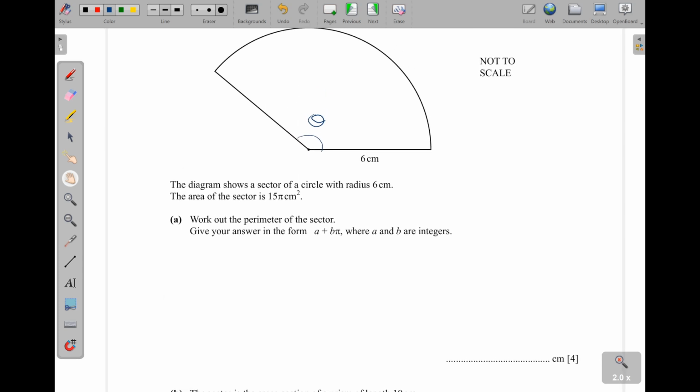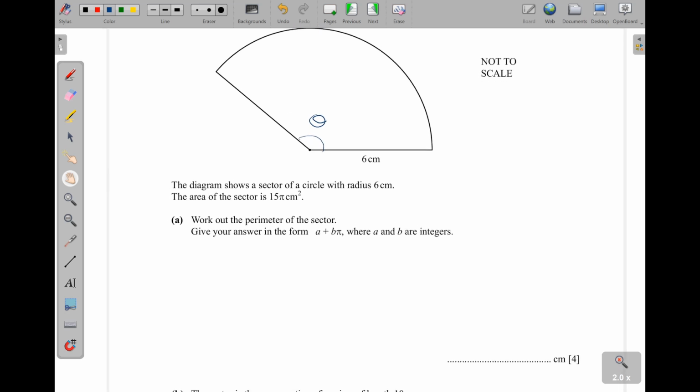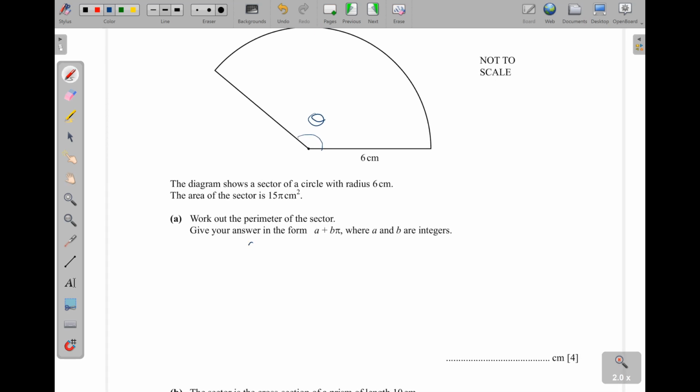Then we can say area of the sector is theta over 360, because the angle sum of a circle is 360 degrees, times pi r squared, because a sector takes some portion of the circle, and area of the circle is pi r squared. Then we equate it to 15 pi.